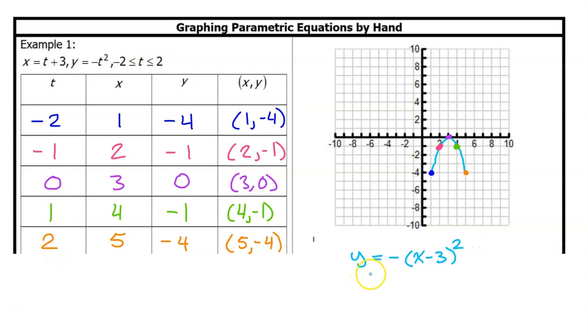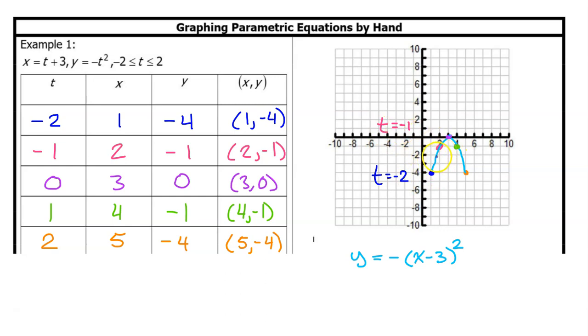Now, if we had simply been given y as a function of x, like we're used to, we would have gotten a parabola that went through these points like this. But parametric equations give us something extra. We know that when t was equal to negative 2, we were at this blue dot. And then when t was negative 1, we arrived at the red dot.